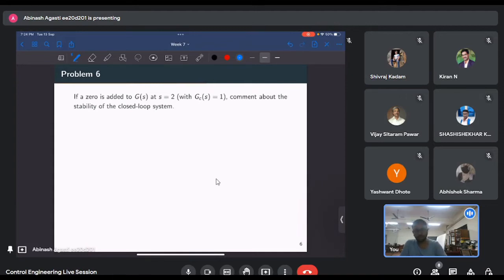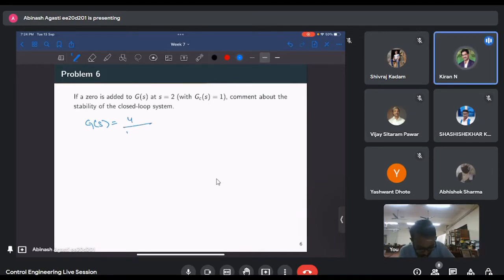Okay, now again to the same system, if we add a 0 at s equal to 2, not minus 2, at s equal to 2 with the controller as 1, what will the stability of the closed loop system be? So first tell me, what should g of s be, the modified g of s?